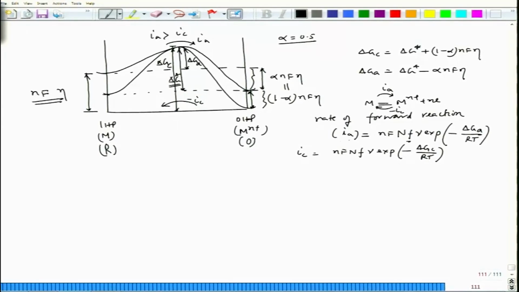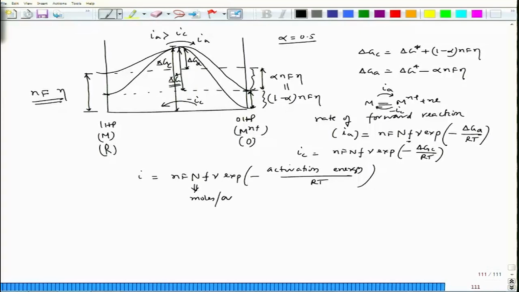And this general equation for I is nothing but nF, which is the surface density of moles, into the fraction of atoms or ions going from one plane to the other plane, and nu, the vibrational frequency, exponential minus activation energy divided by RT, since this is considered in terms of moles per unit area.